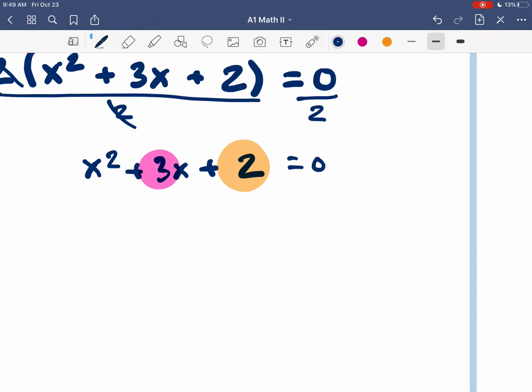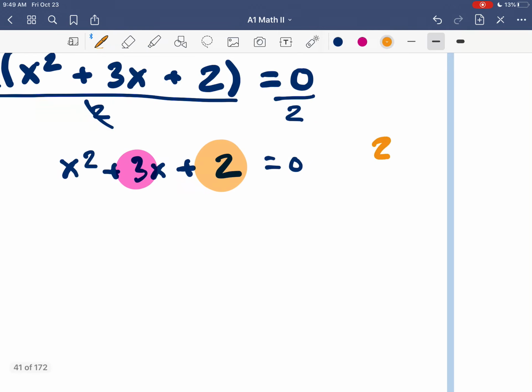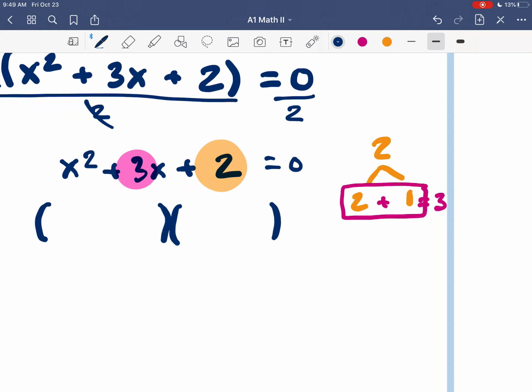So we have an end term of 2, a middle term of 3. So I need numbers that multiply to 2 and add to 3, and conveniently there's only one option for numbers that multiply to 2 and add to 3. I almost wrote 6. So those are our two numbers. We can factor it now.